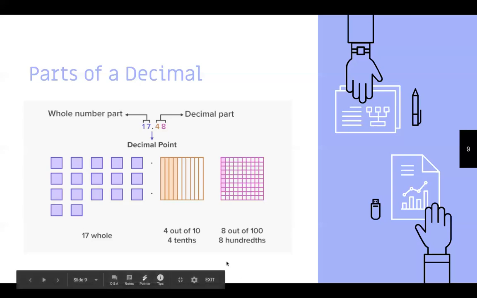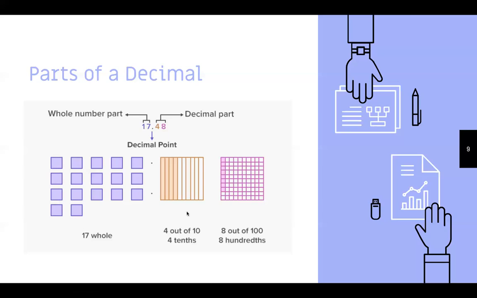On the left hand side, these whole blocks were then split into tenths, and then each of those rectangles were split into tenths. Or we can see the whole square getting split into tenths.